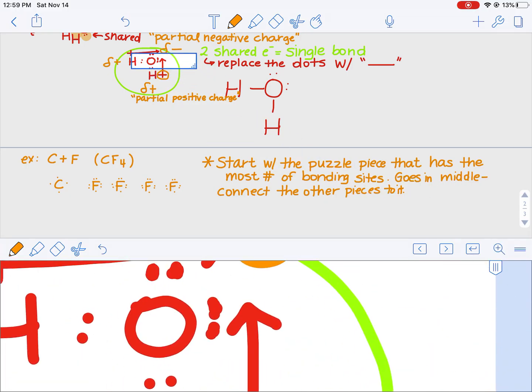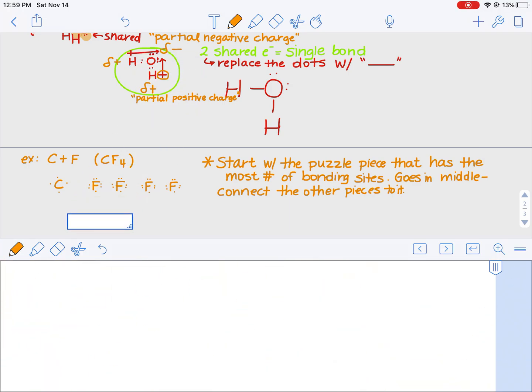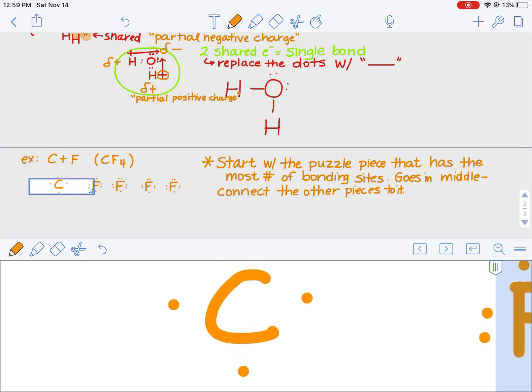And we did that in our first example, right? We started with the oxygen and clicked the 2 hydrogen atoms into it. It was much easier to see when you have fewer atoms. But here we have 5 total atoms, and a lot of times, especially as beginners, it's like, where do I start? You start with the puzzle piece that has the most number of bonding sites.